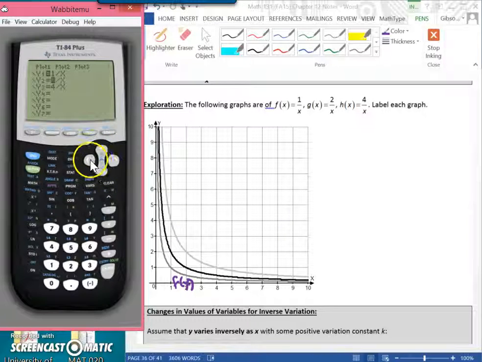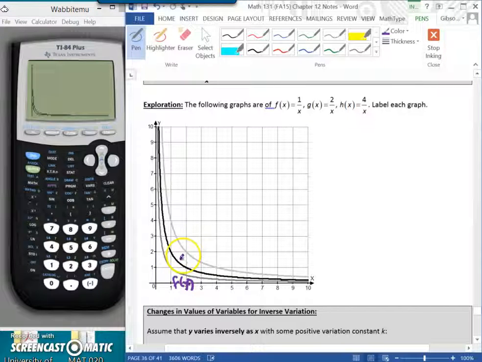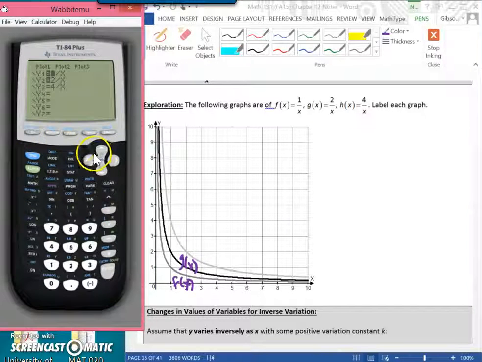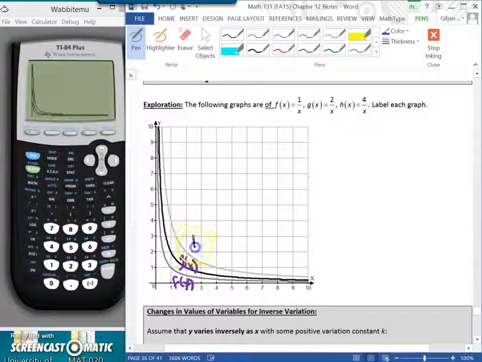We'll go down and enable the second graph and press graph. And you notice it's going above it a little bit. So this second graph will be g of x. Okay, but then last but not least, we'll go down to this 4 divided by x, press enter, press graph, and you notice it goes a little bit above that. So this would be h of x.